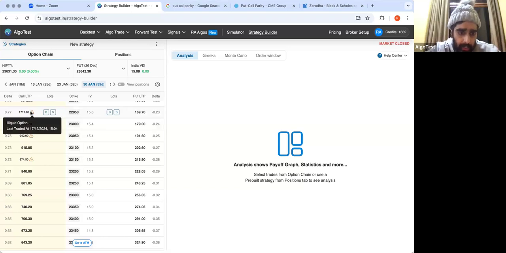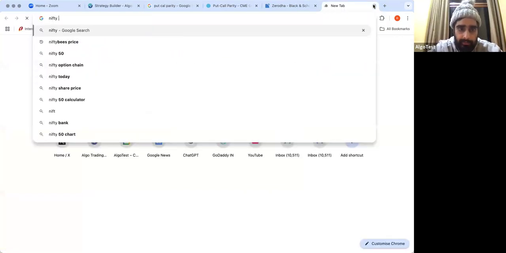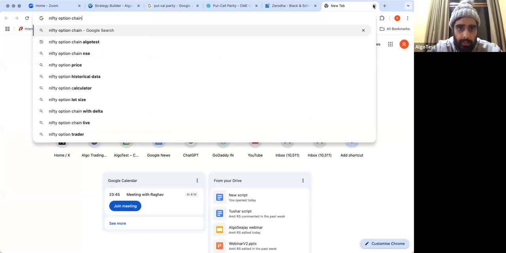Now, let's say you had sold this particular option and now you want to buy it back, but it's so illiquid. You're going to have to pay a large bid-ask spread to actually cover it, right? So let's look at the Nifty option chain bid-ask spread.